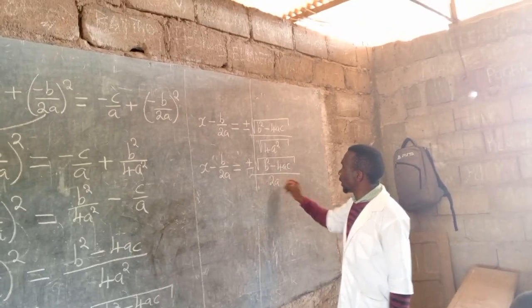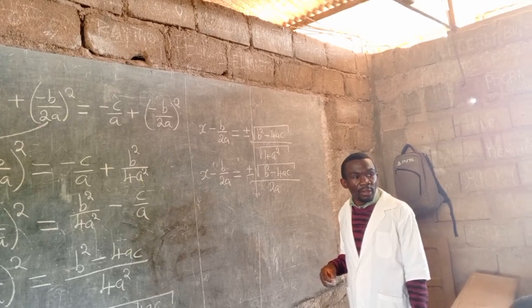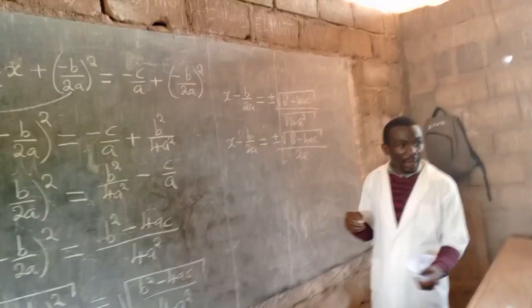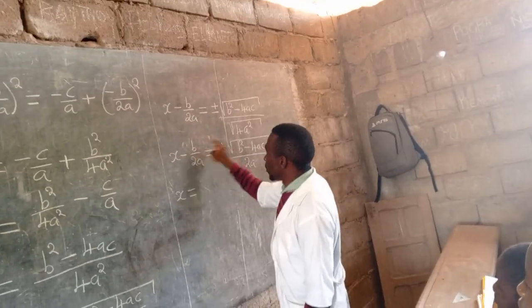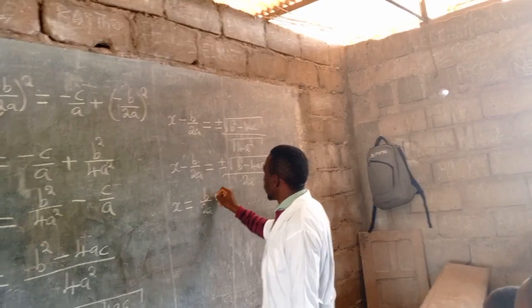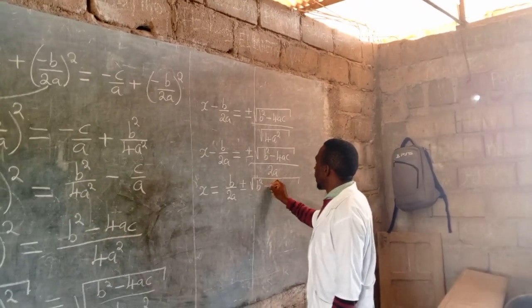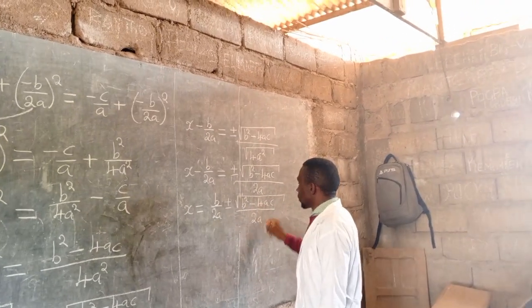The next step, we need to make x the subject of formula by transferring negative b over 2a to the right hand side. This will give us x equal to, it becomes positive now, b on 2a plus or minus the square root of b squared minus 4ac on 2a.